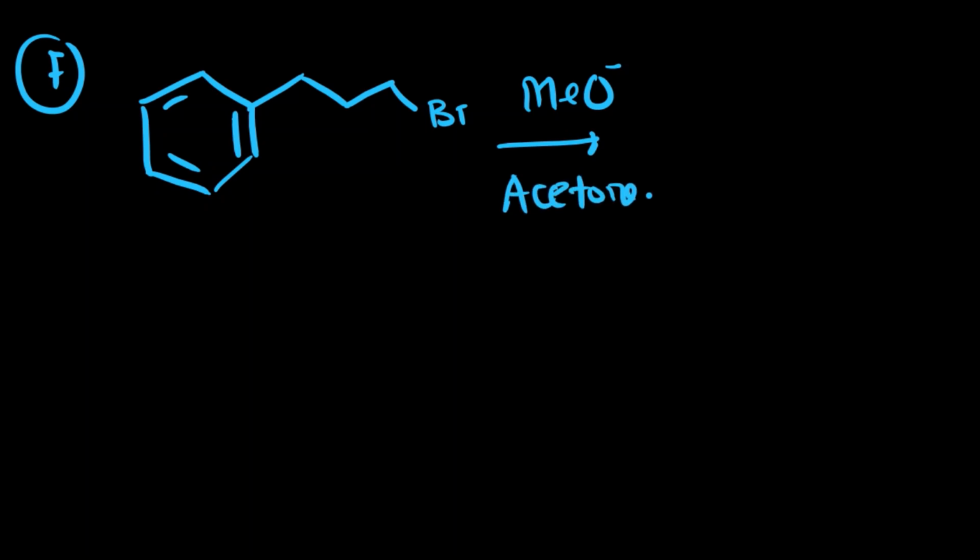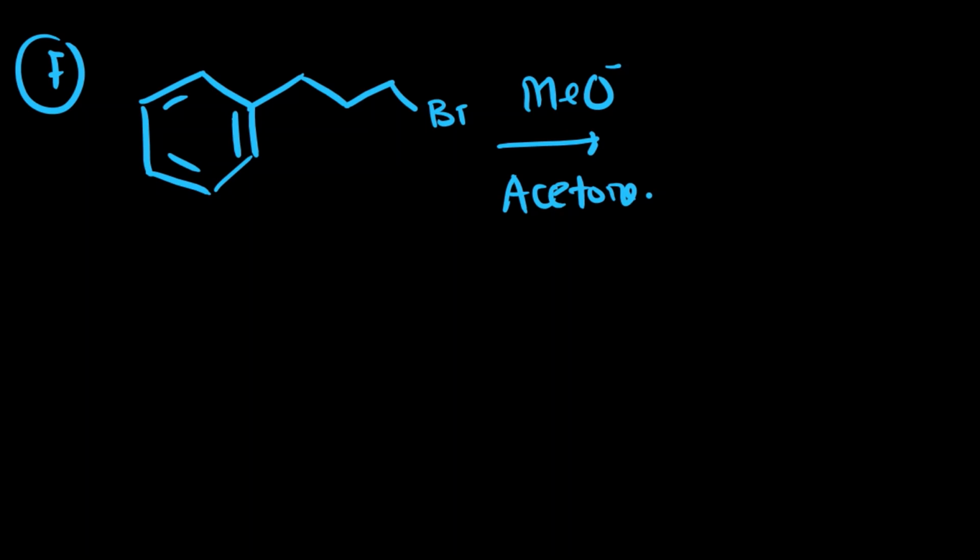Let's look at one last example before we end this video. So if you have this compound here, and then you react this compound with a methoxide, okay, and this methoxide is placed in acetone, say acetone, and I tell you this is occurring by SN2 reaction.